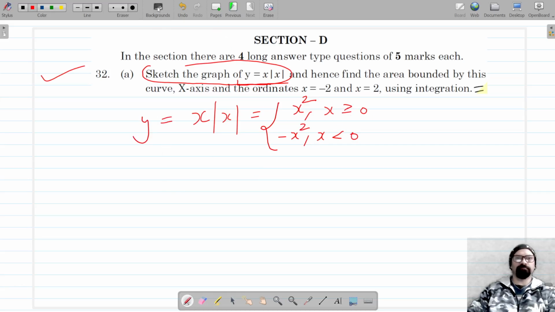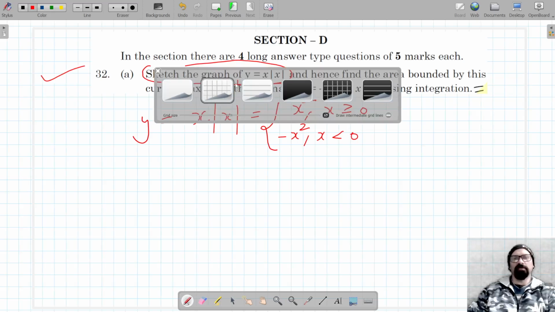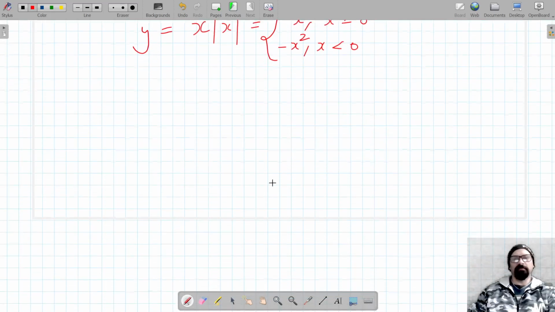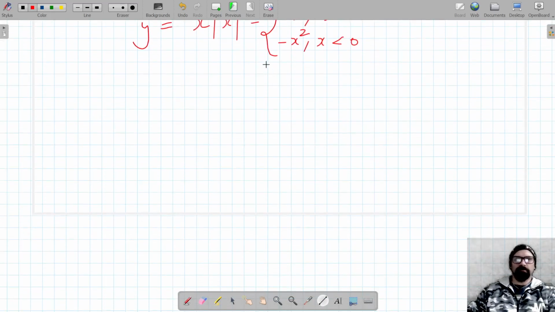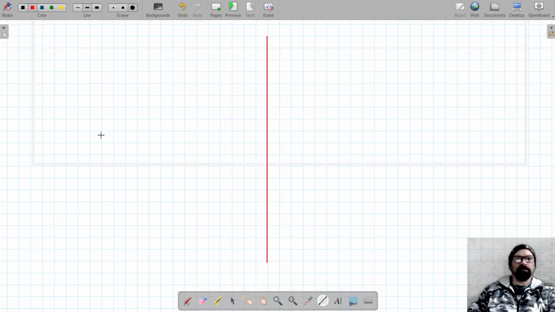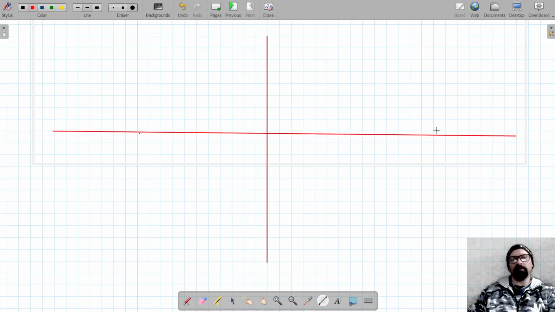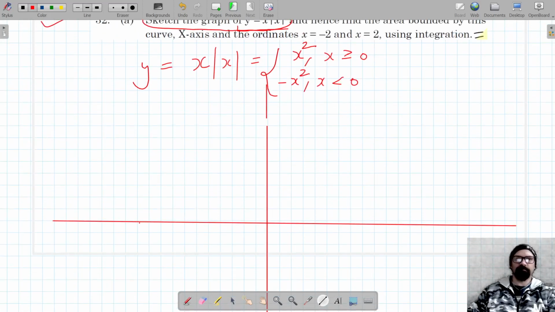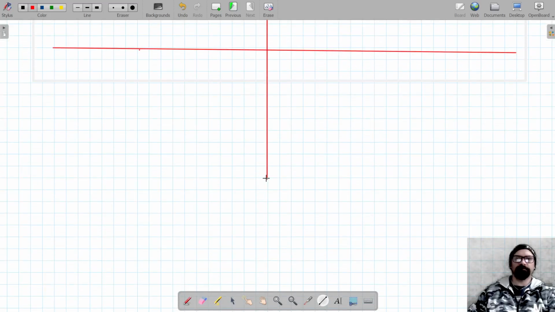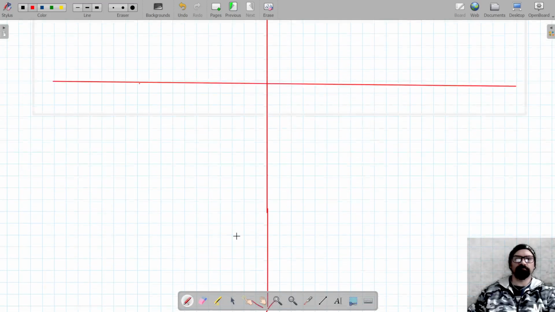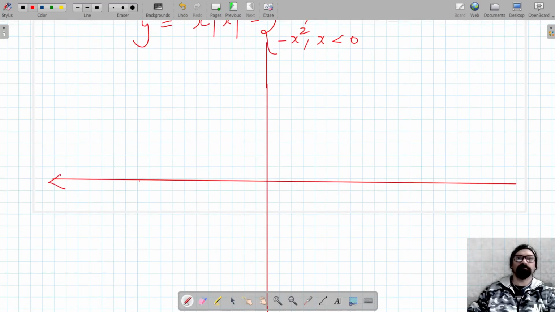So let's sketch the graph for this. To sketch the graph, let's get our coordinate axes. Let's say this is the y-axis, and this is the horizontal one, the x-axis.